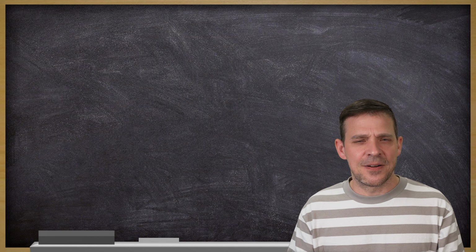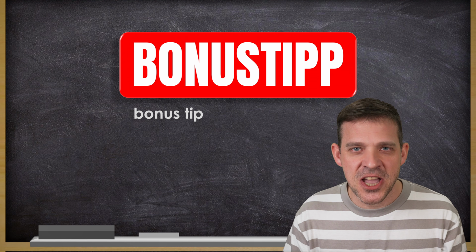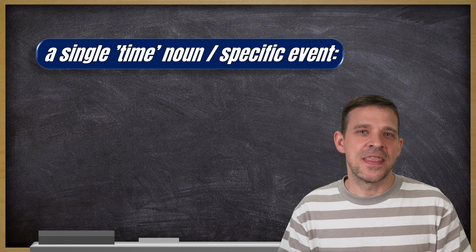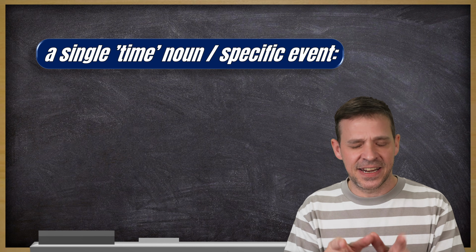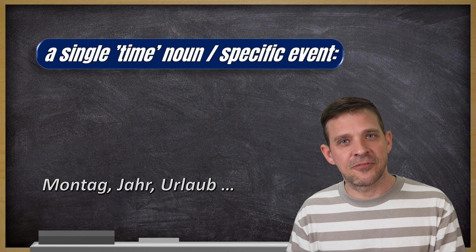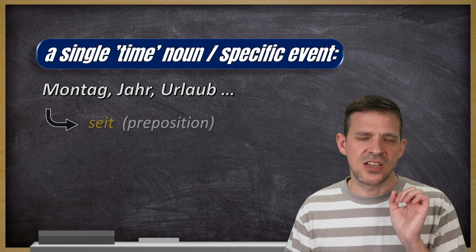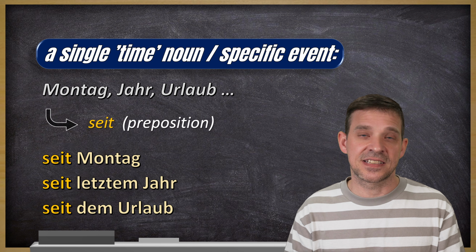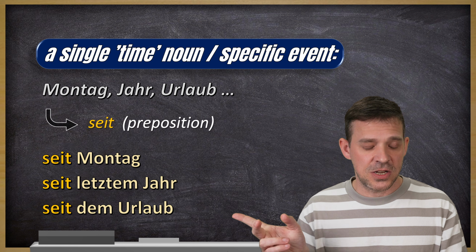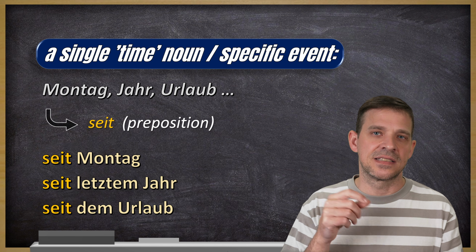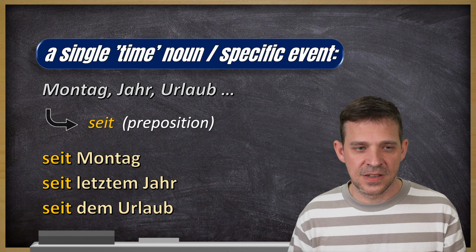Let's go to the bonus tip. If you have a single time noun, specifically a noun or specific event, like for example Montag, Jahr oder Urlaub, then use seit as a preposition. Zum Beispiel seit Montag, seit letztem Jahr oder seit dem Urlaub.